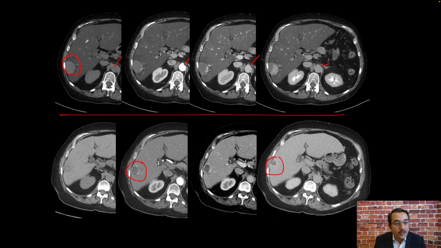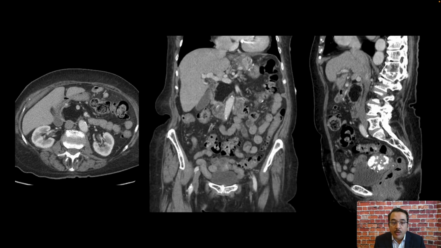On the non-contrast enhanced image, the liver background shows steatosis and is dark. Compare that to this other study where the liver is not steatotic, and we find that the same hemangioma is ill-defined and hypodense. So remember, the appearance or attenuation of a lesion depends on the attenuation of the surrounding liver.